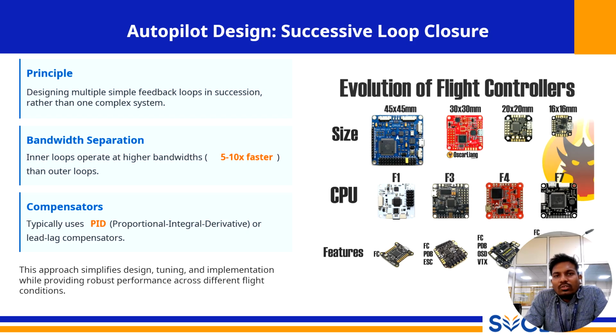This separation is crucial because it allows us to design and tune each loop independently, as the slower outer loop perceives the faster inner loop as a single, well-behaved system that it can simply command.